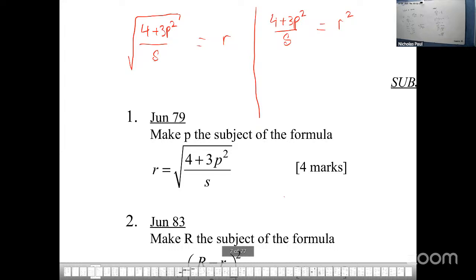What are we moving next? 4 plus 3p squared on S.